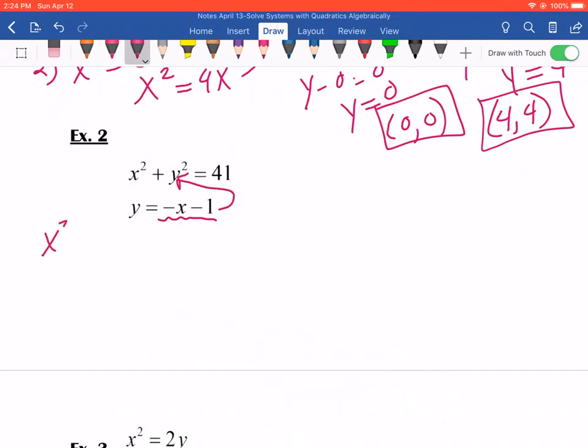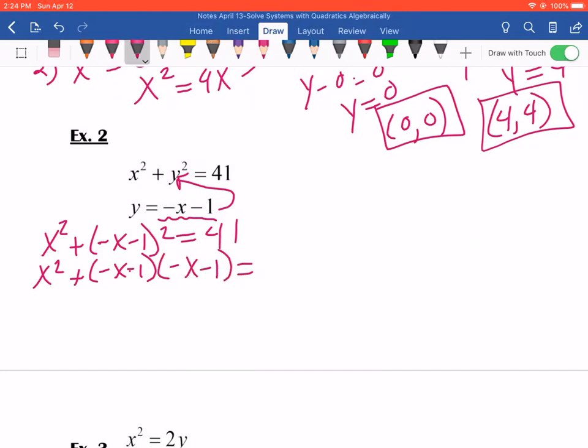So bring down the x squared plus negative x minus 1 squared equals 41. Now, please don't get creative here, right? Negative x minus 1 squared is not negative x squared minus 1, right? We want to go ahead and FOIL that out. So x squared plus negative x minus 1 times negative x minus 1, that's equal to 41.